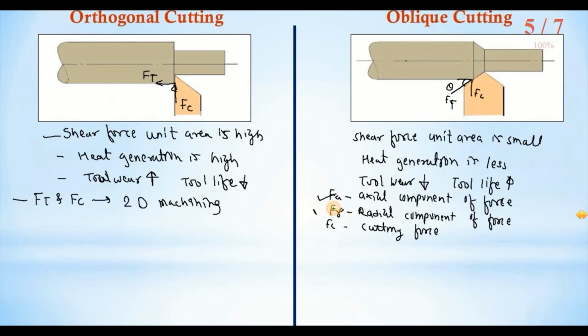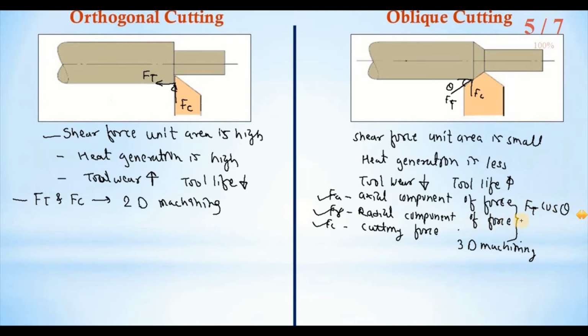So here we are getting three components of forces, so it is called 3D machining. Fa and Fr are at some angle, so Fa, which is an axial component of force, we can write as Ft cos theta, meaning Ft is resolved at some angle.